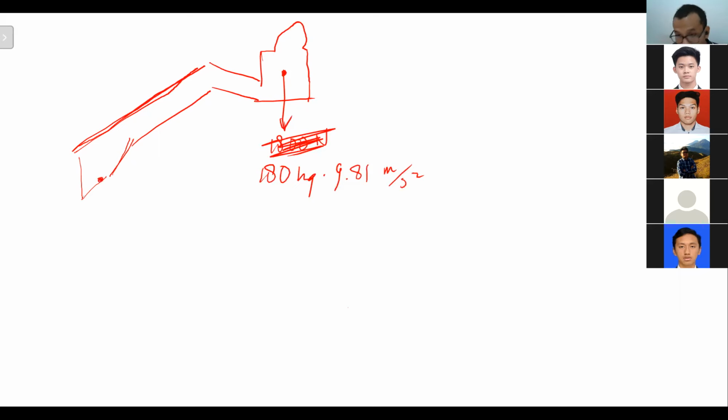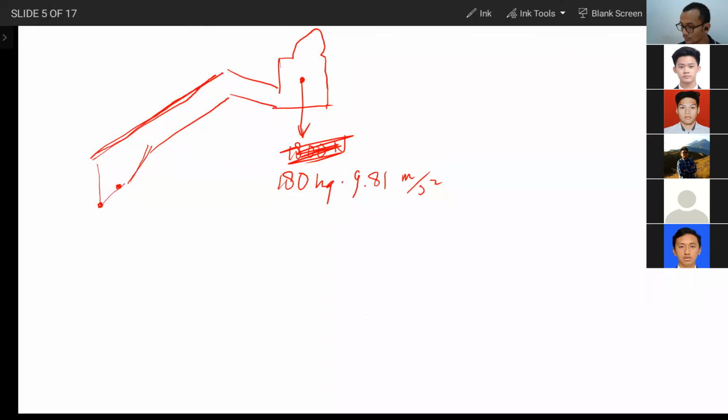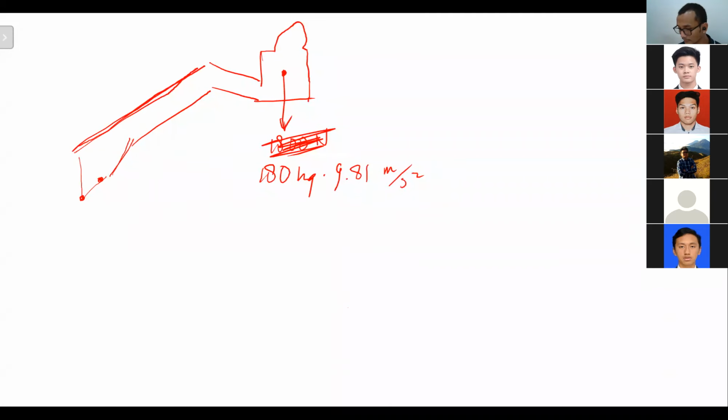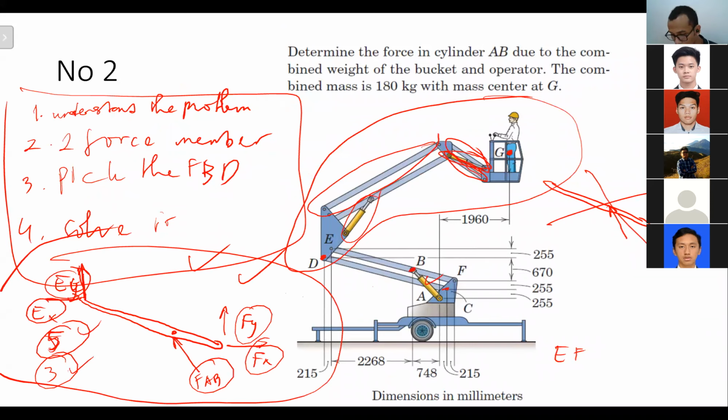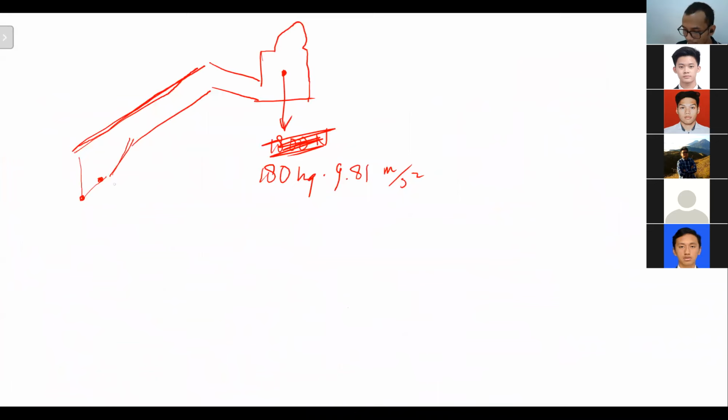At point E and at point D. At point E, EY, EX. But I have to make sure that EY, EX is supposed to be in the opposite direction of this, right? Because I drew that free body diagram first, left and down.